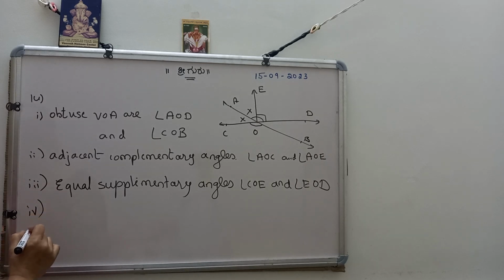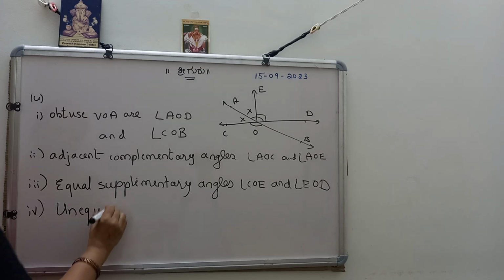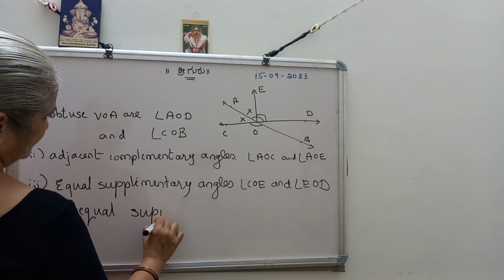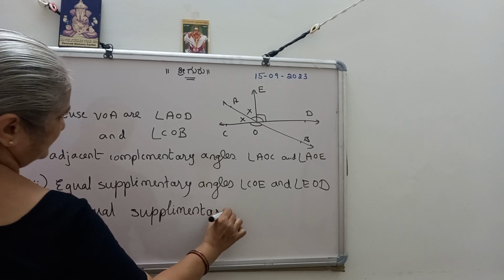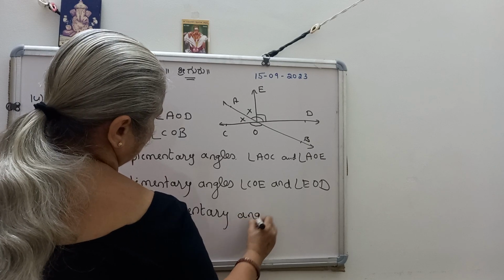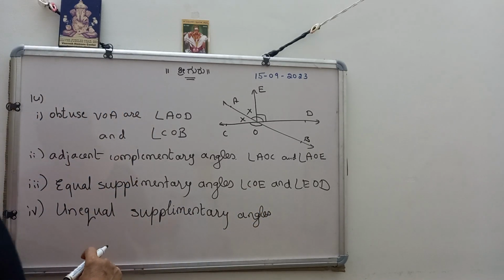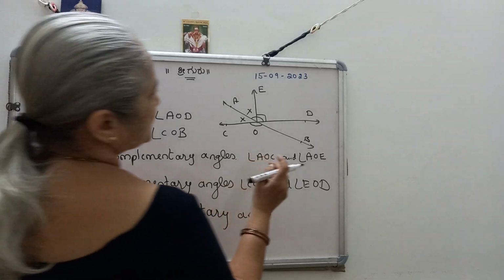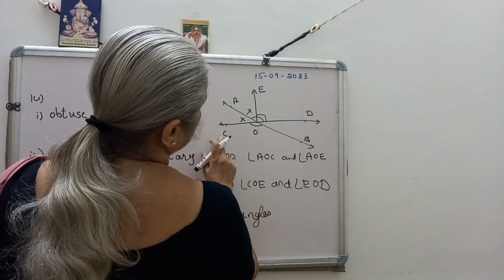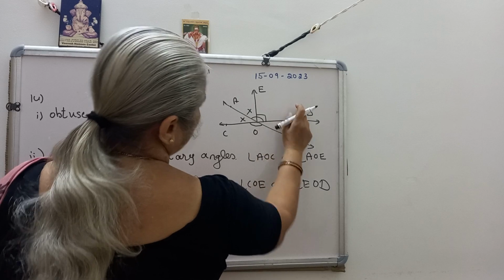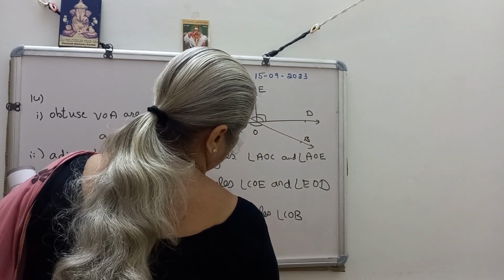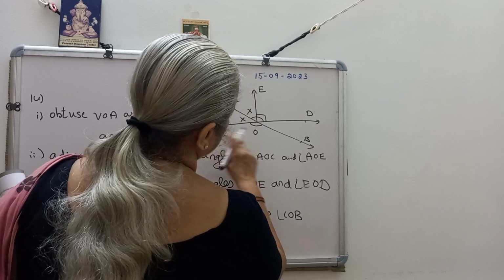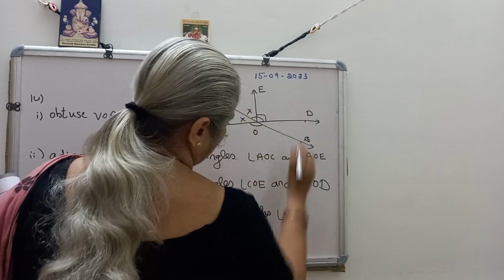Then the fourth one. Unequal supplementary angles. Unequal supplementary angles are angle COB, BOD.